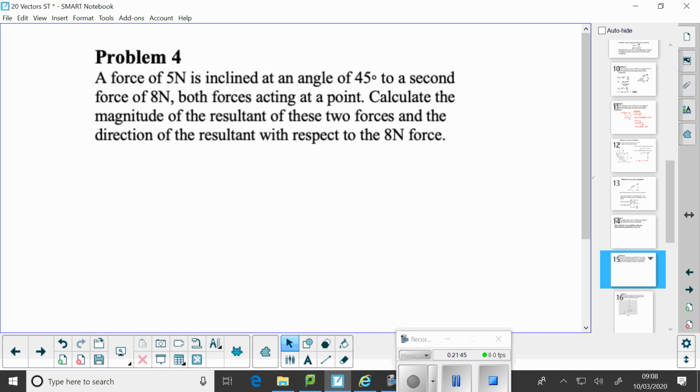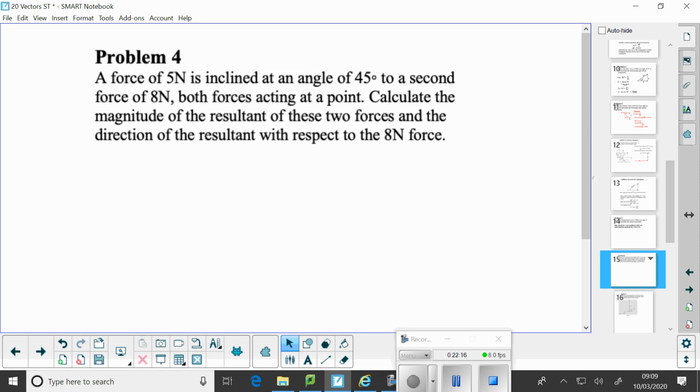Both forces acting at a point. Calculate the resultant. And usually calculate the angle with respect to 0. Not always. So have a go at that one, please.